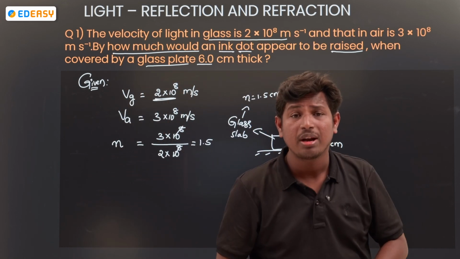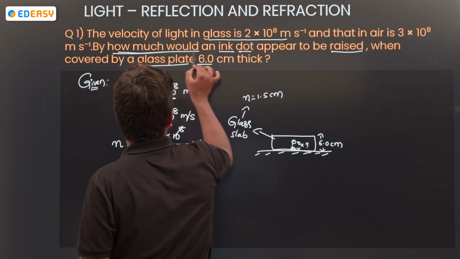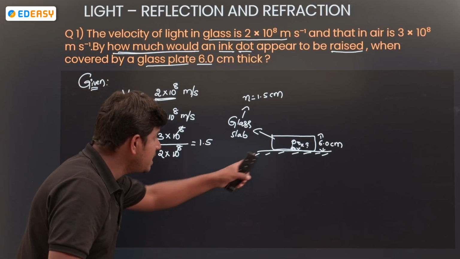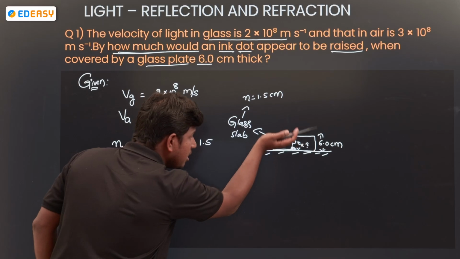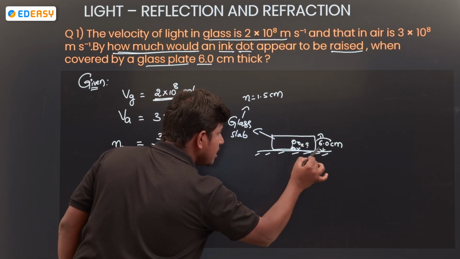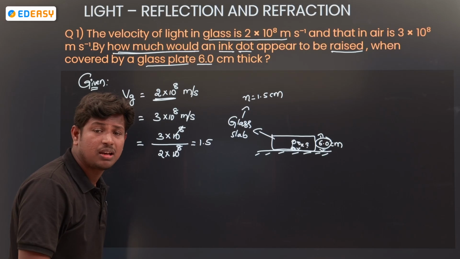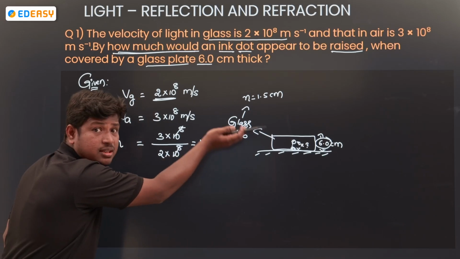But what we require is how much the ink dot would appear raised. What is the actual position? The actual position is 6 centimeter. The apparent position is what we don't know yet. So by using the glass slab, how much does it rise?